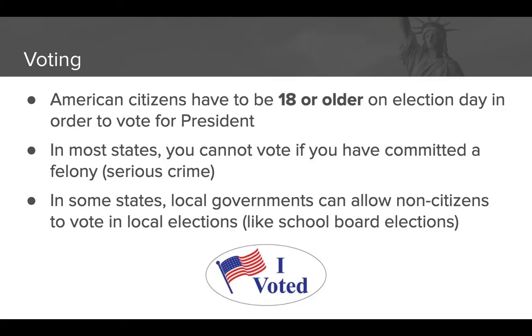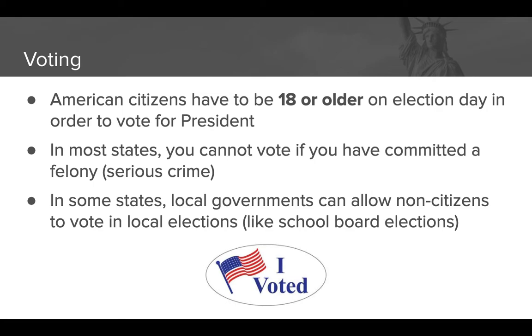Okay, now let's get into voting. American citizens, as we mentioned in our lesson on the executive branch, have to be 18 years or older on election day in order to vote for president. And in most states, you cannot vote if you have committed a felony or a serious crime.